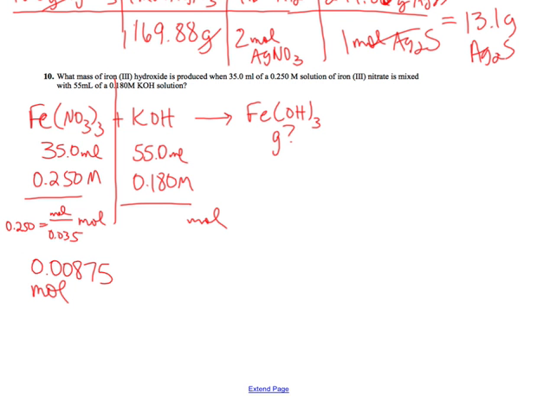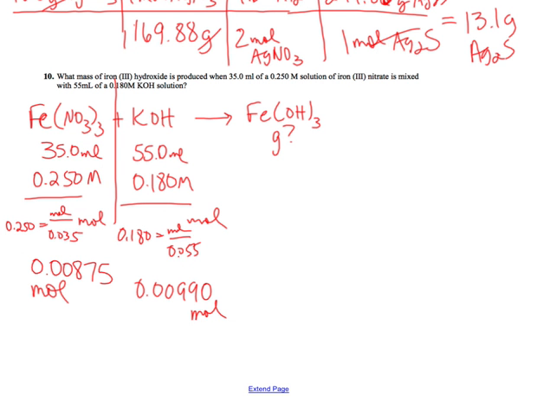And how many moles of KOH? It's going to be 0.180 times 0.055. 0.00990 moles. All right, and this is not a one-to-one.